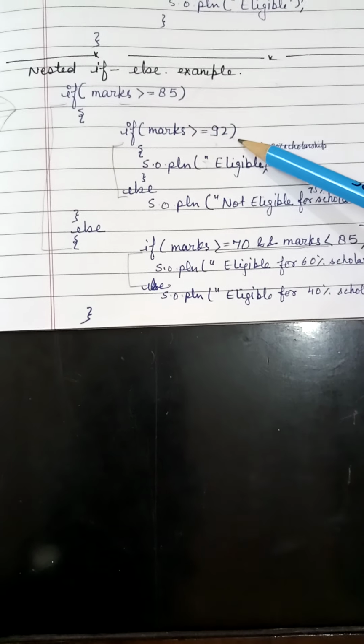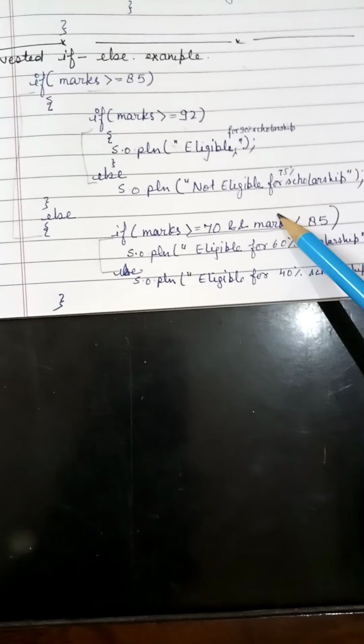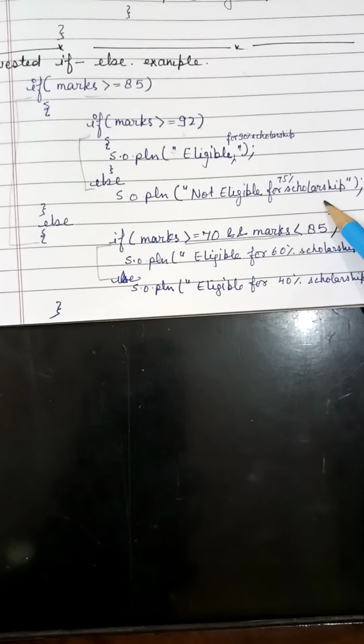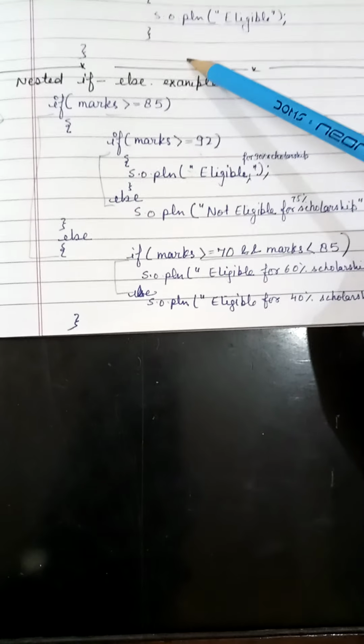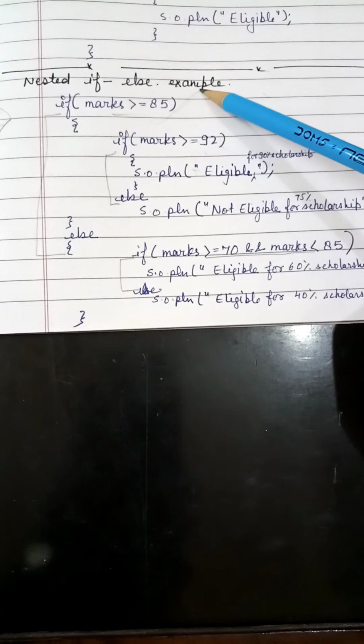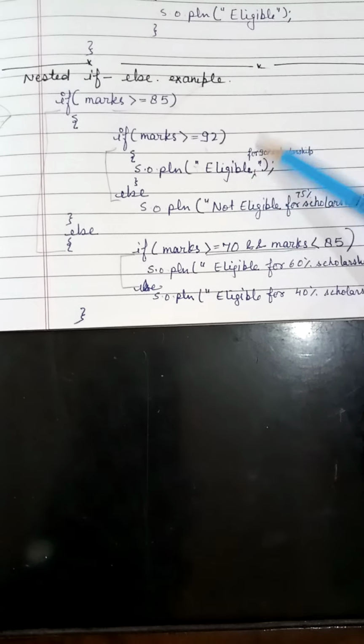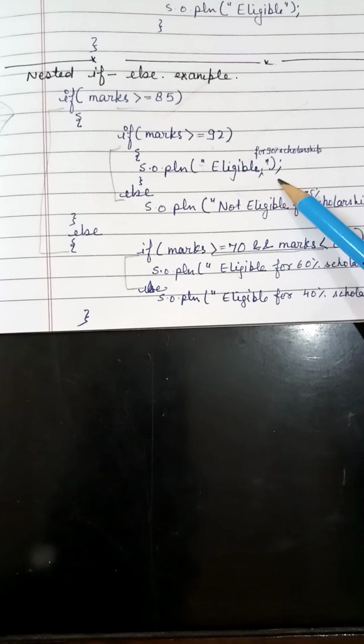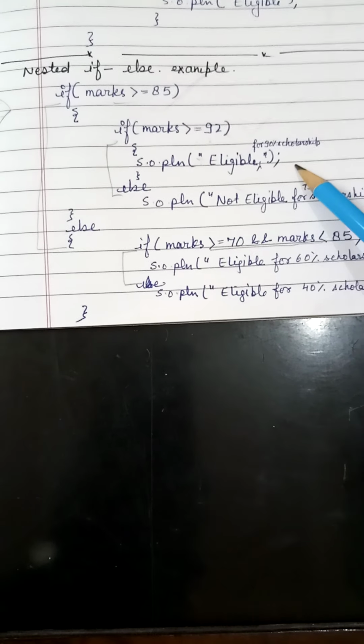No, so it will print not eligible for scholarship. And suppose the marks are 95. This condition is true, greater than 85, and this one is also true, so you will get the output eligible for 90% scholarship.